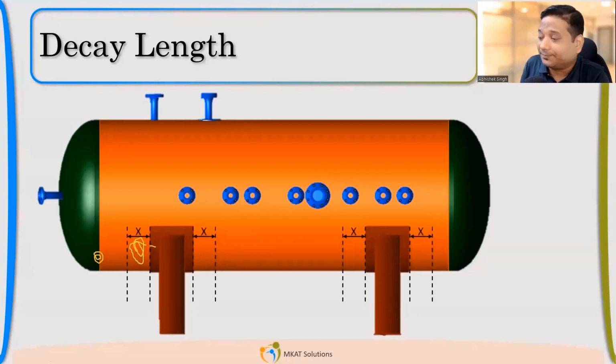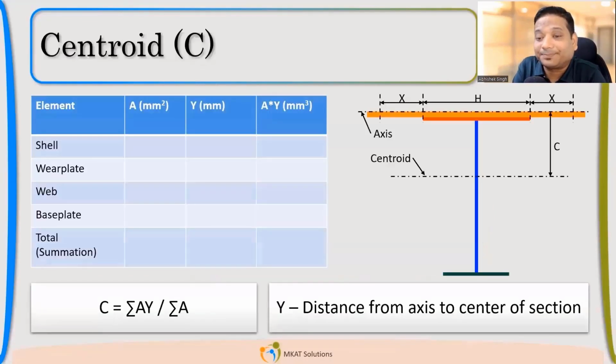Do you agree with me? So where we are supporting, up to some distance the shell will still feel that stress because of that support. So that is basically your decay length, where that load is still influencing that part. Okay.